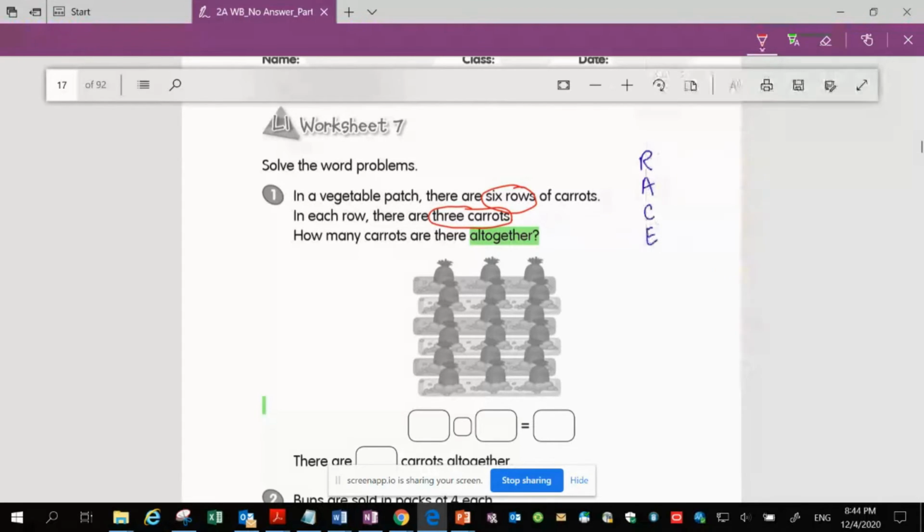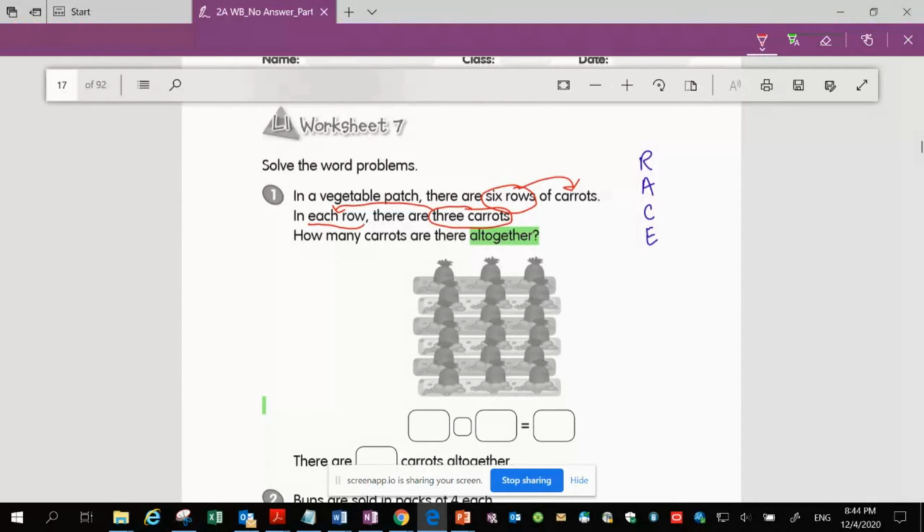Let's do a little bit more of the annotation, and see how we can join the words together. So 6 rows belongs to the carrots, and 3 carrots. You realize that it's talking about each row here, so you can join the 3 carrots to each row. Ask yourself, are there any words that stand for G, E, or T?